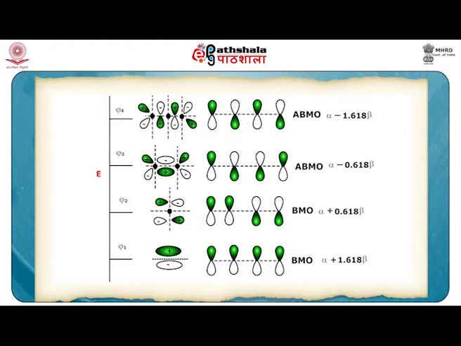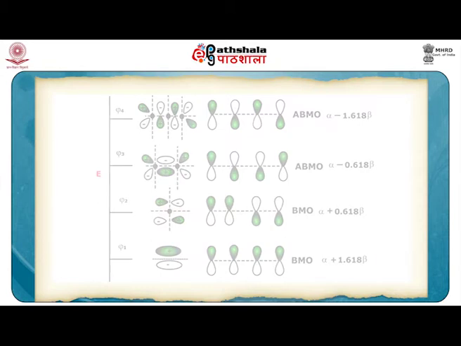So there is a change in sign of the coefficient as we go from carbon atom 1 to carbon atom 2, then again from carbon atom 2 to carbon atom 3, and again from carbon atom 3 to carbon atom 4. So from this also one thing is very clear, that as the number of nodes increases, the corresponding energy of the molecular orbital increases.